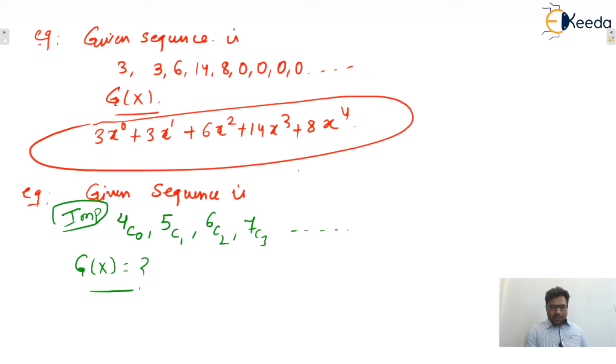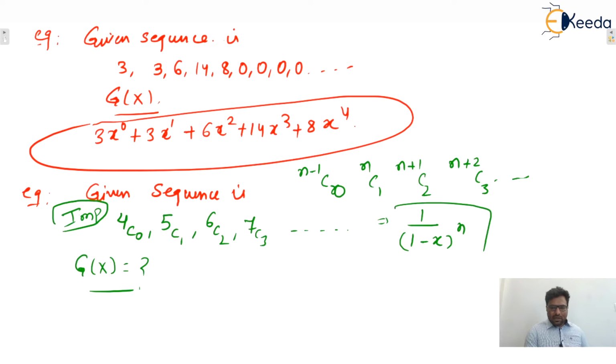In that, one sequence was n minus 1 C0, then nC1, then n plus 1 C2, then n plus 2 C3, and so on. And what was the generating function corresponding to that? 1 upon 1 minus x raised to power n. You can refer to the table in the last lecture. Isn't it?